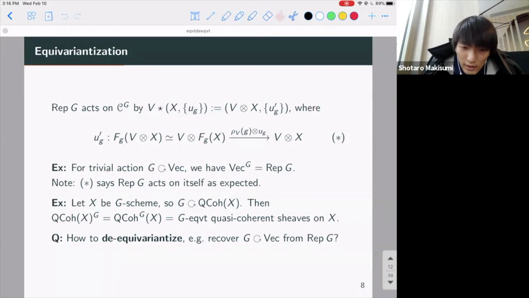So notice, if I take the example I mentioned, then this formula right here is saying element little g acts by tensor products of the actions on each factor. Okay, so this is exactly the way that rep G acts on itself.